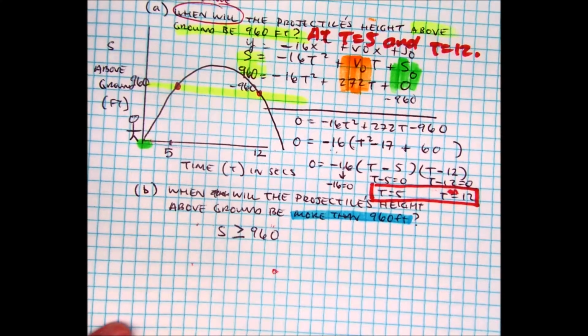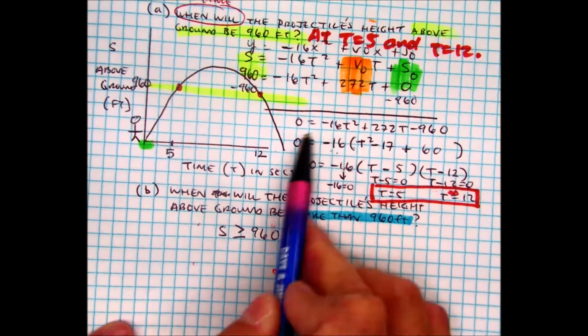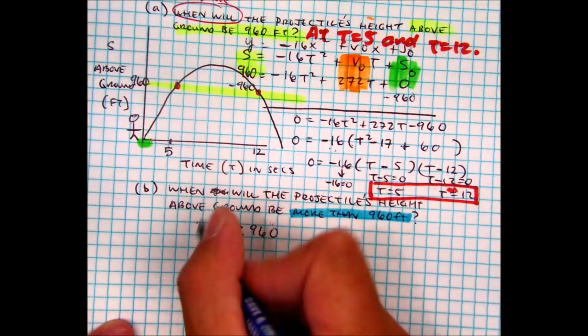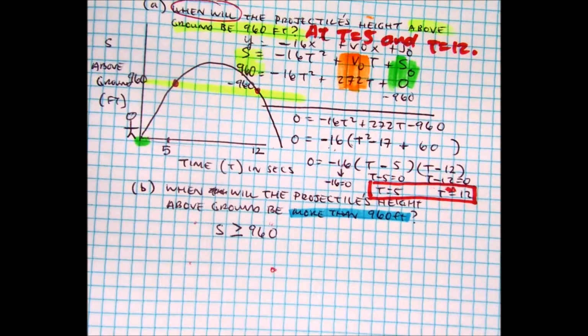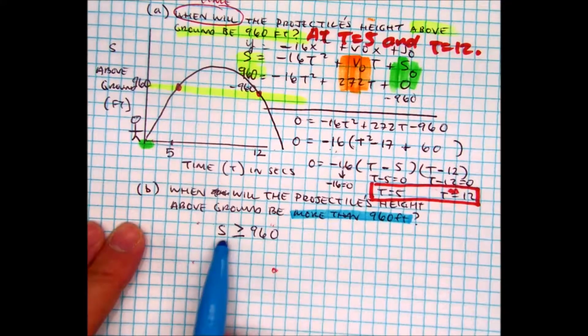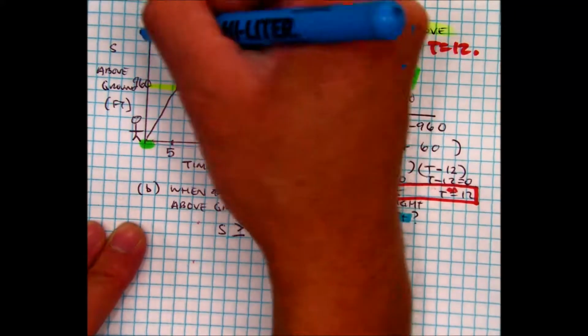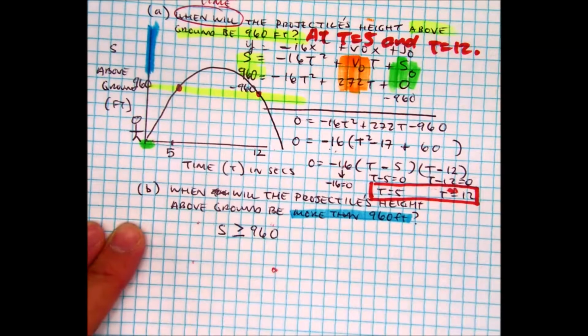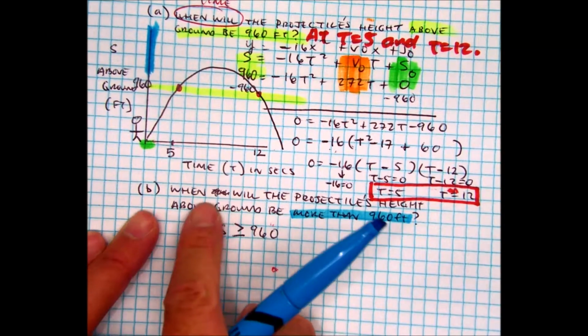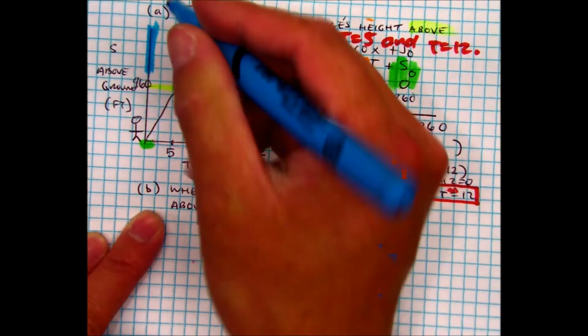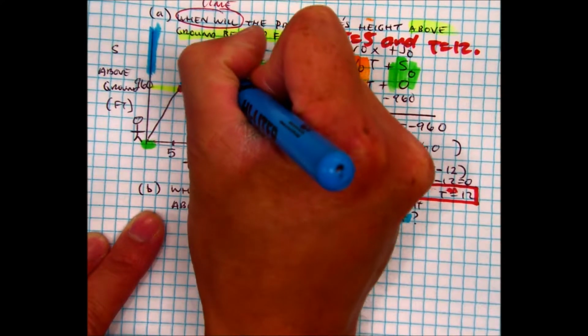So if you think about it, if I put this back into the problem, you're looking for something where it's above 960. When will, that's still a time question. When will this projectile be in this blue path here?